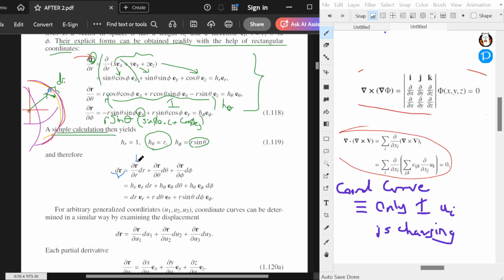dr equal. I'm trying to think in normal Cartesian. In school they didn't really touch on partials that much.